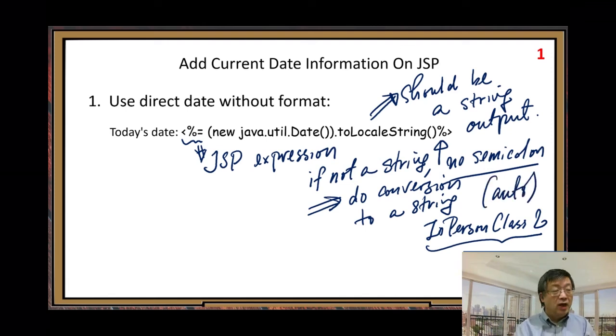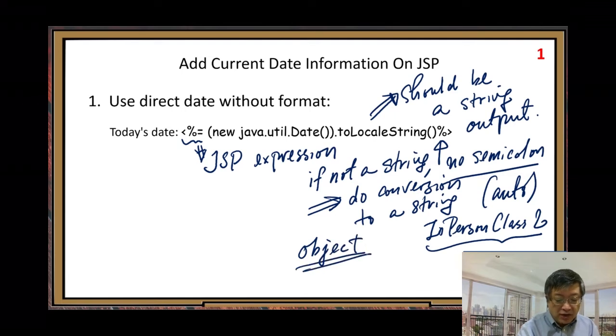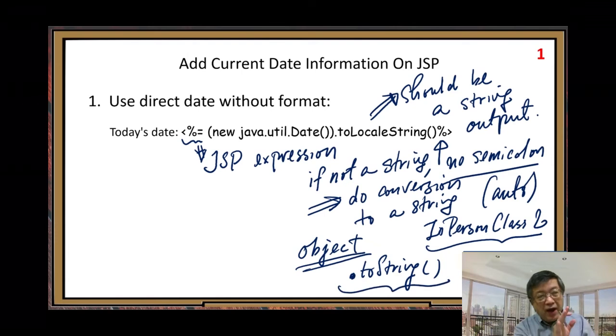I just mentioned the object case. For the object case, any object has a toString method. So if you put an object there, the toString method is called to convert it to a string.